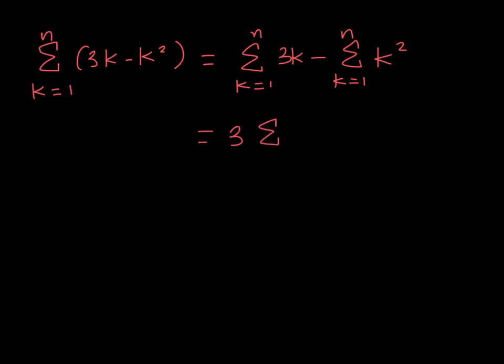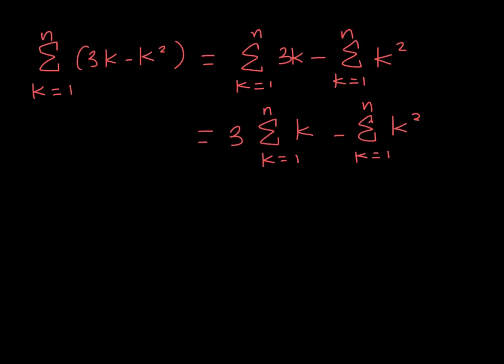So 3 times the sum of k, as k goes from 1 to n, minus the sum of k squared, as k goes from 1 to n. So we can rewrite this difference like this.